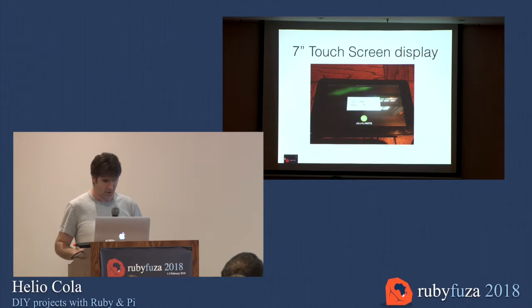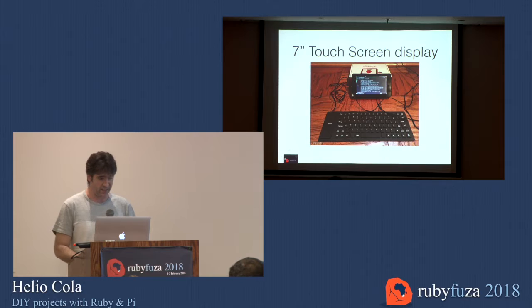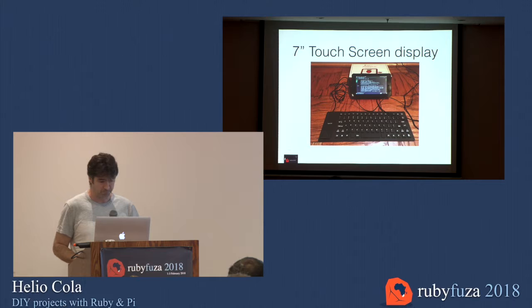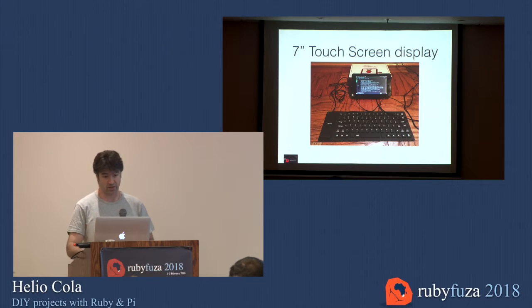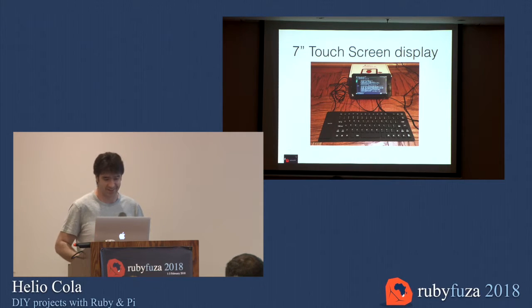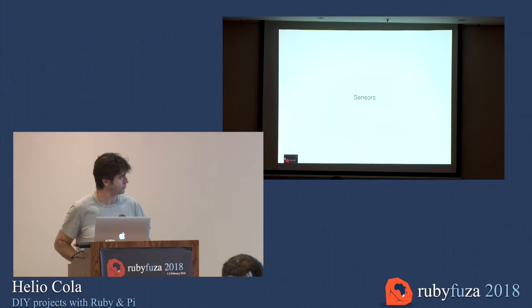These slides are duplicated, but that's the 7-inch display, and you can actually attach a mouse and a keyboard to it. You make a tablet, like a small laptop or a small tablet with a keyboard on it. They also have a soft keyboard inside that you can install, and then you touch it. Not very useful.